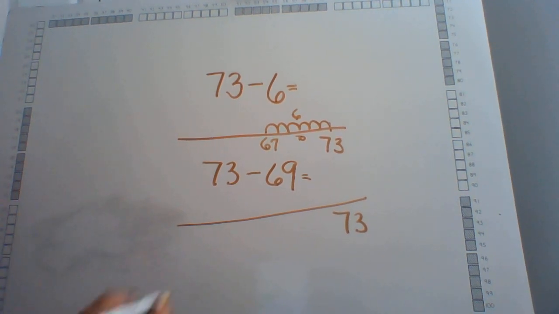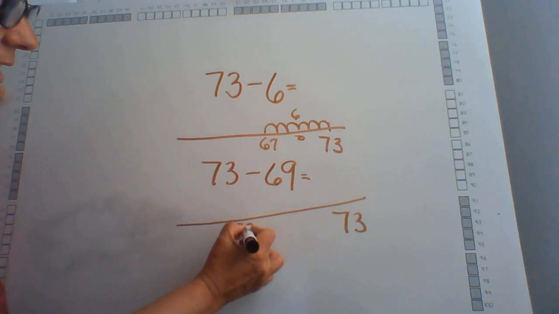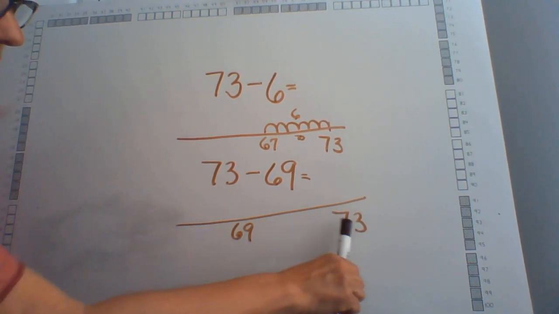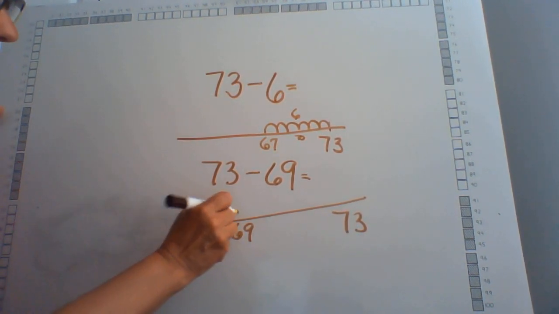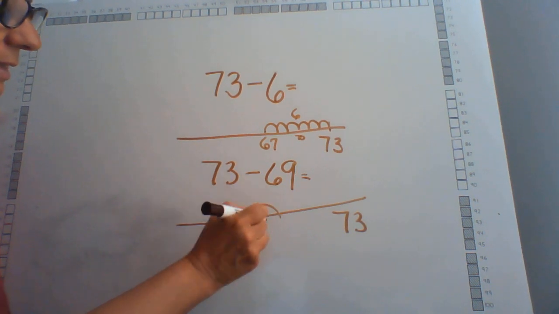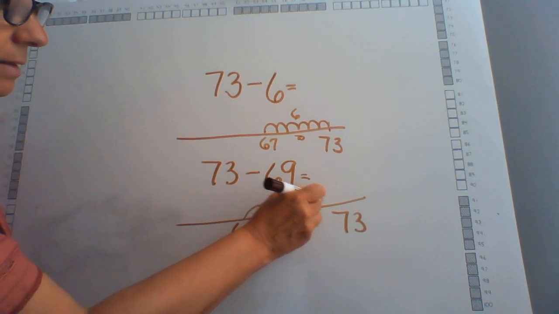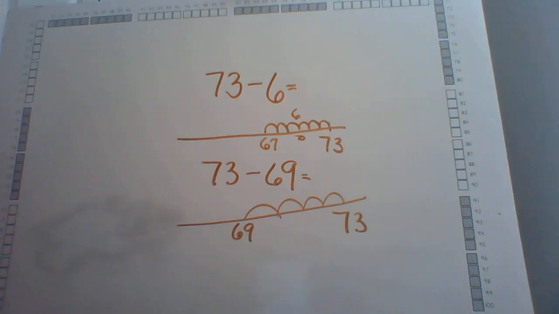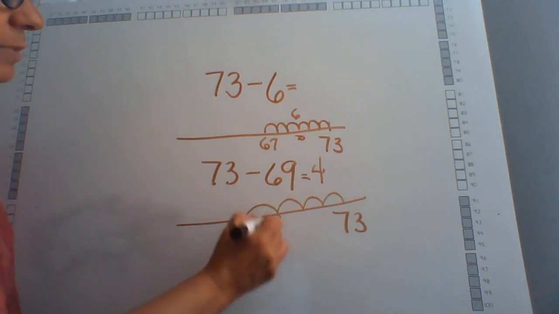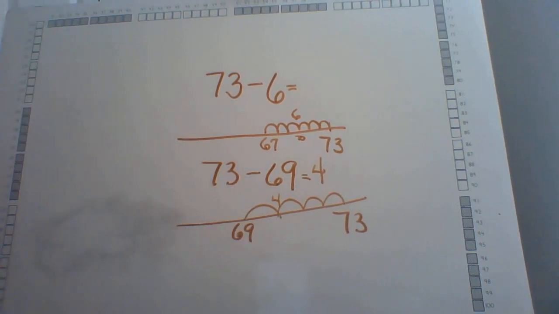So instead, I'm going to start at 69. I'm still going to find the difference between these two numbers, but I could jump up 1 to get to 70 and then 3 more to get to 73. And so that would be a difference of 4. And maybe I could do one whole jump of 4.